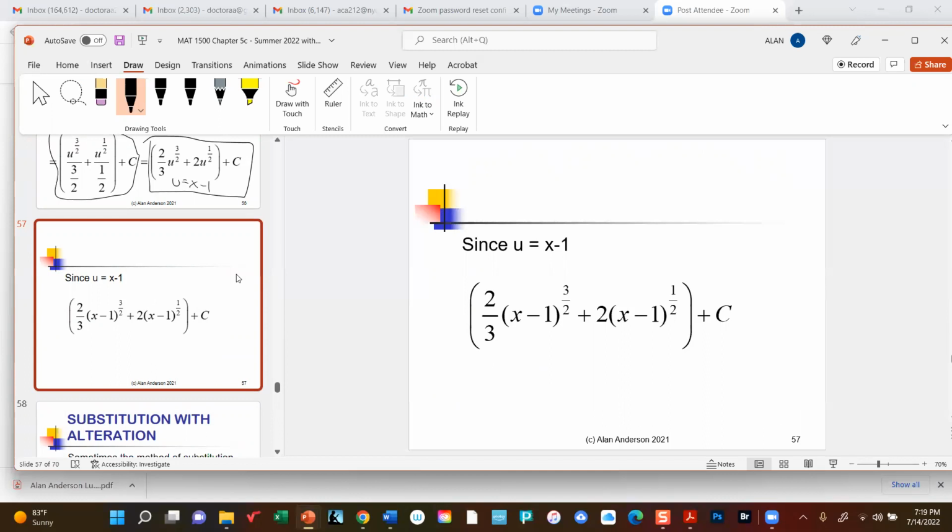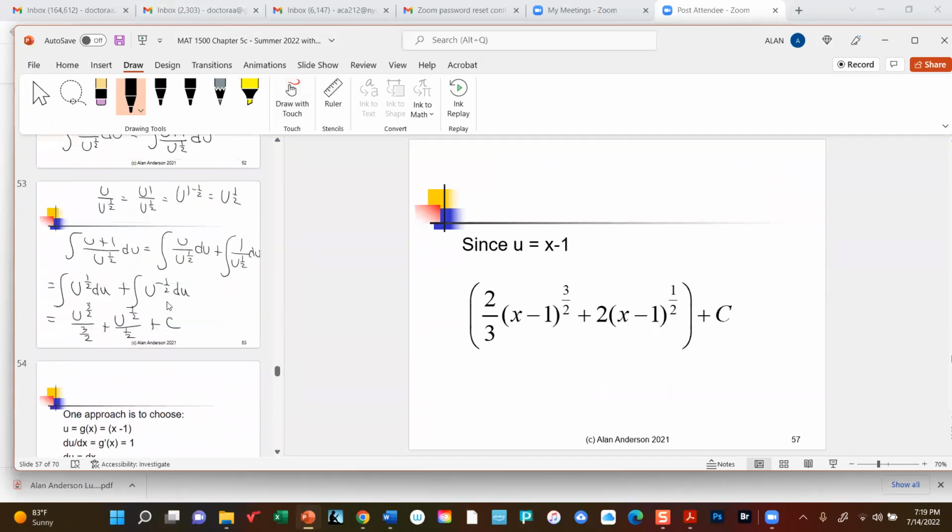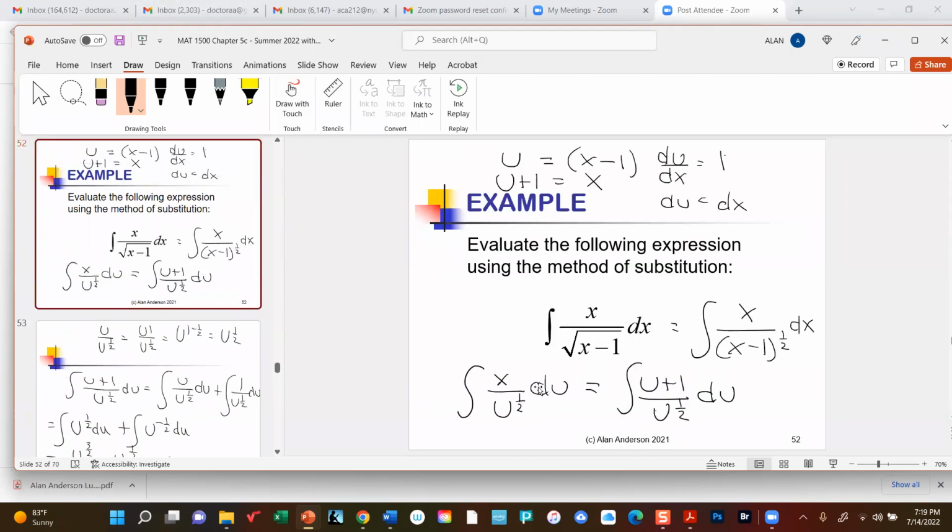Wow, what a mess. But you can see there are a couple of bumps along the way. That was the clever part, though. When we get to this point where we had x over u to the 1/2 du, it must have appeared that we were stuck. We couldn't do anything. But then it turns out that with a little algebra, we can actually rearrange that x and write it in terms of u.